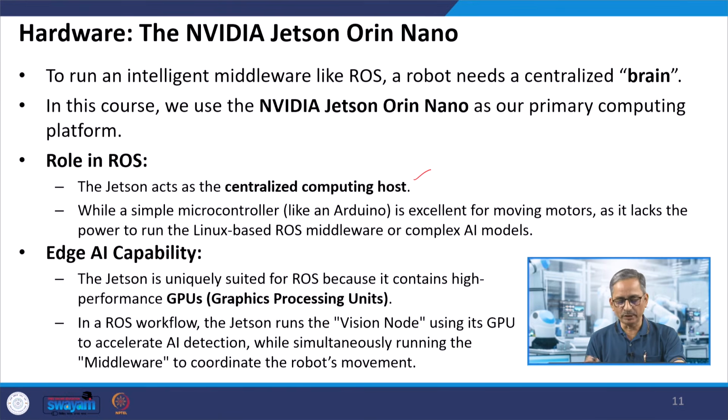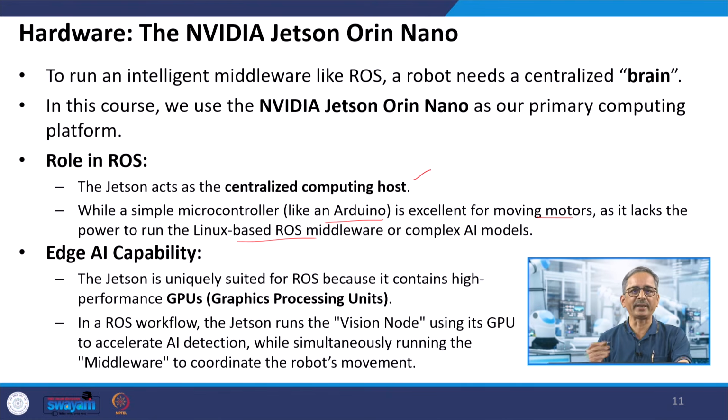We can use a simple microcontroller such as Arduino, which works very well for small robotic projects, for moving the actuator, say a motor, but it lacks the power to run the Linux based ROS middleware or complex AI models. So, that is why we need something like the Nvidia Jetson Orin Nano.